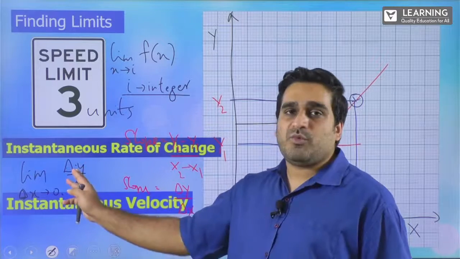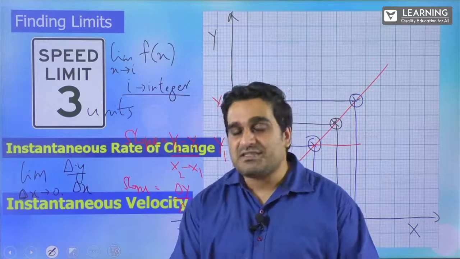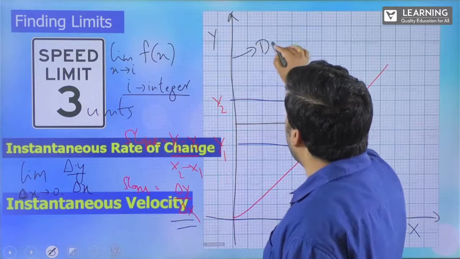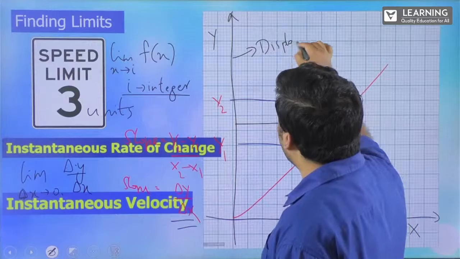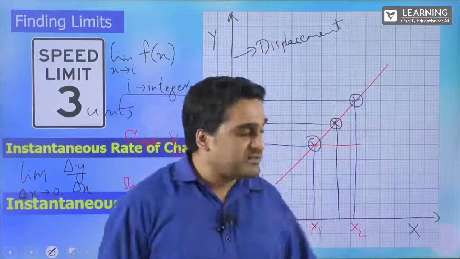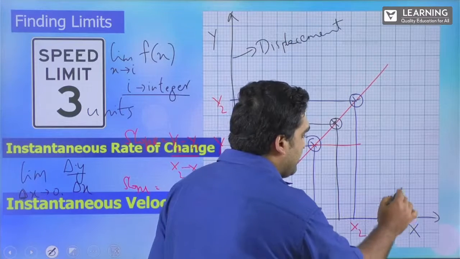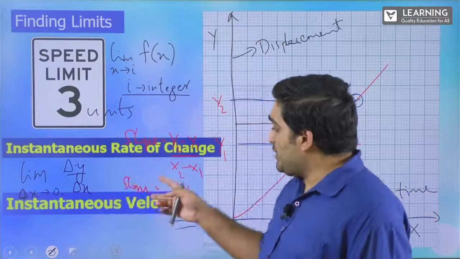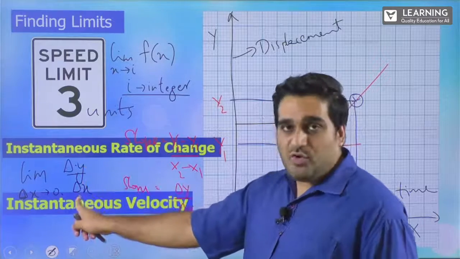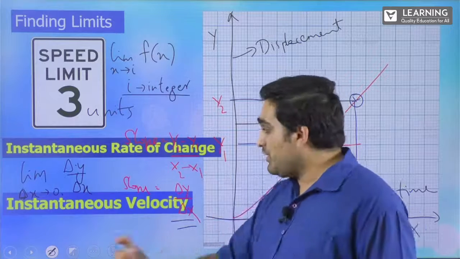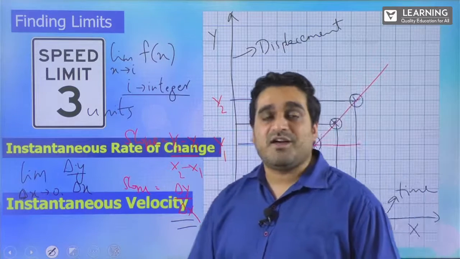If I replace the y-axis by the displacement, if this was the displacement axis and if the x-axis was a time axis, then the change in the displacement over time, over a very small fraction of time, is what gives you an instantaneous velocity.